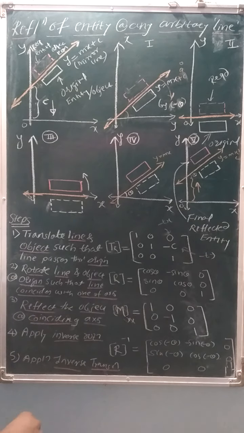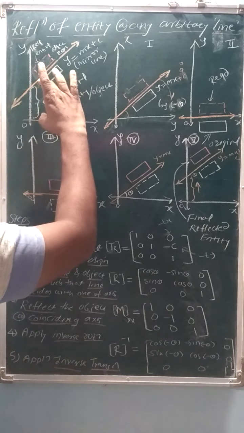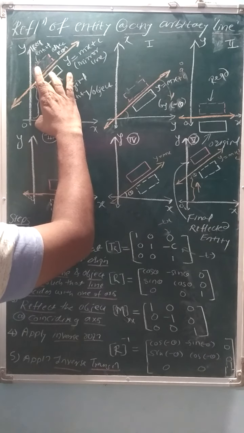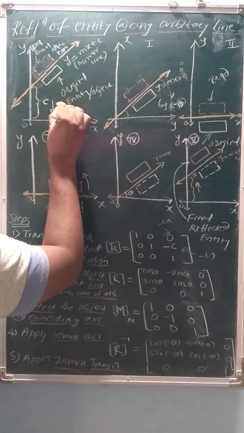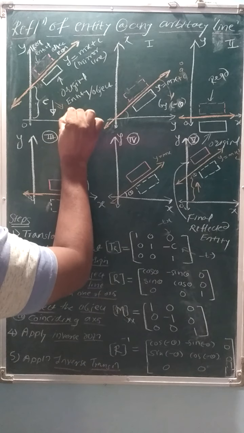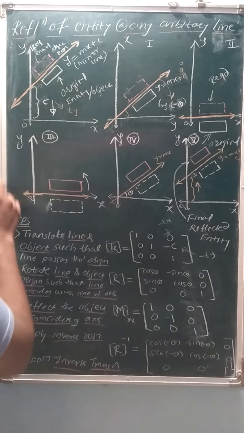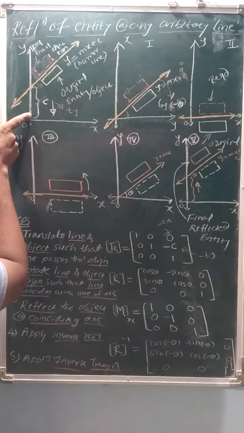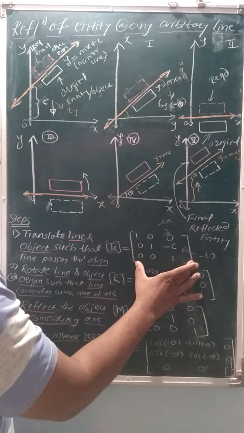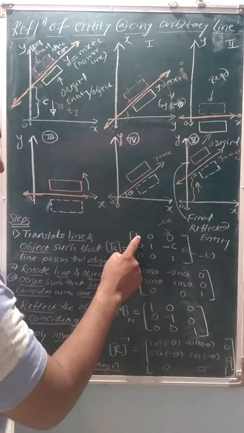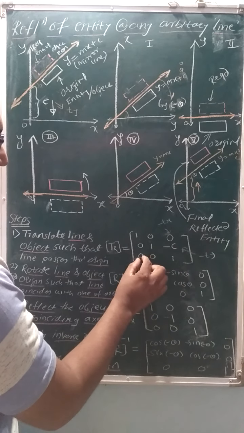So in the first step, we are translating this line from this particular point to this point. The existing distance is c, which is along the y-axis, so it is ty. We are bringing this line from this point to this point, towards minus c. So this will be the first matrix: 1 0 minus tx, 0 1 minus ty, 0 0 1.